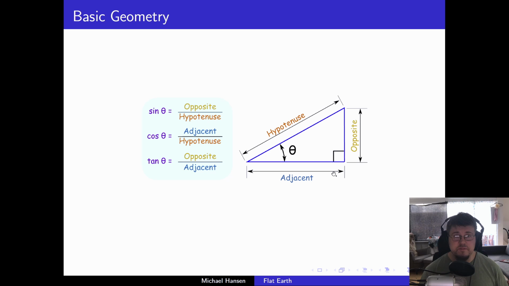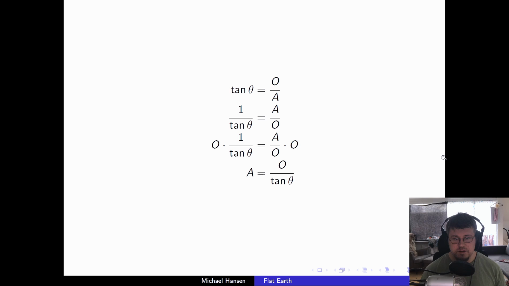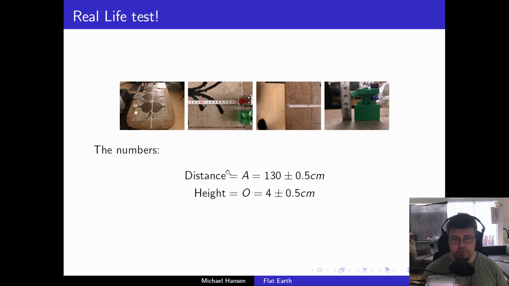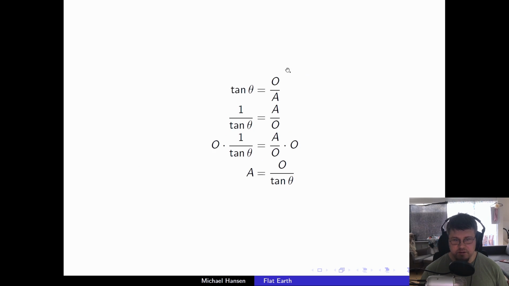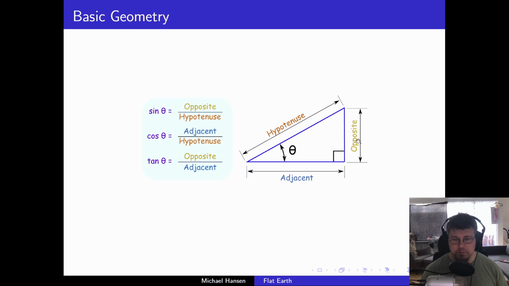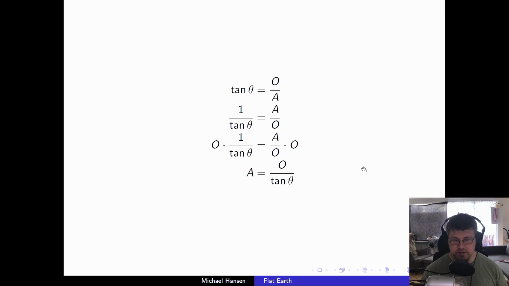I hope that most flat earthers can agree on this formula, but just to be sure, I'm going to test it out. We wanted to know the adjacent. So in this case, I've renamed it, so O is the opposite and A is the adjacent. We have the same formula here.